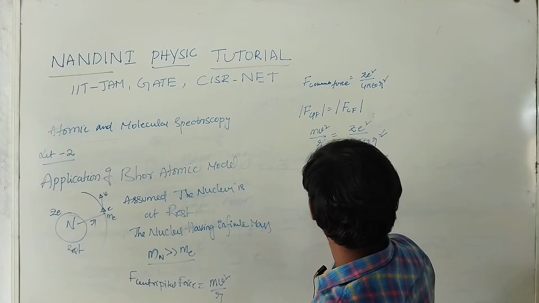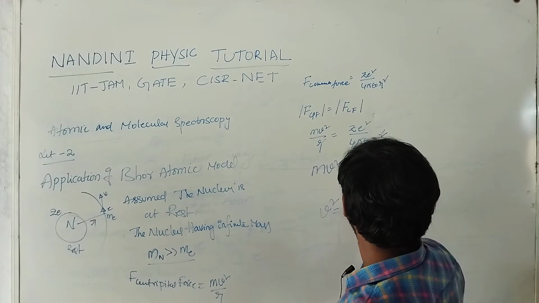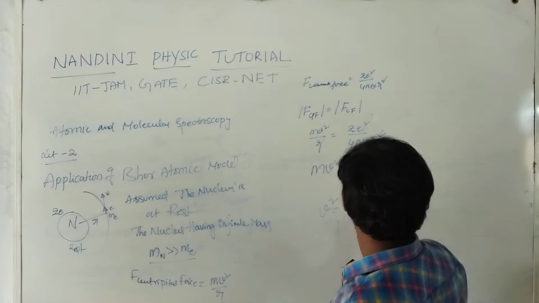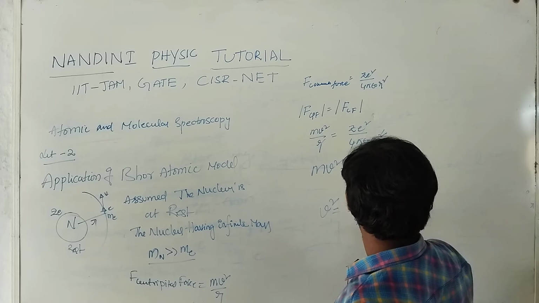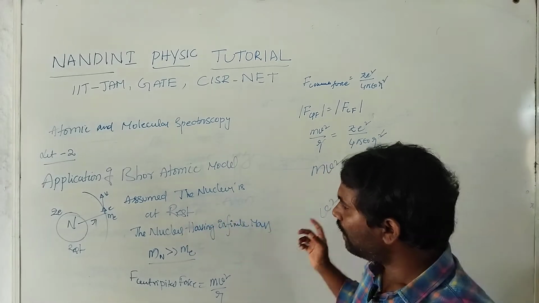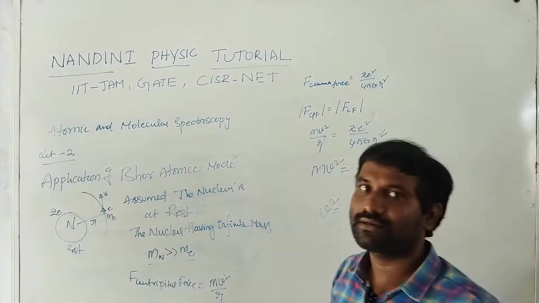Therefore v square is equal to Ze square divided by 4 pi epsilon naught m r. So this is the velocity.